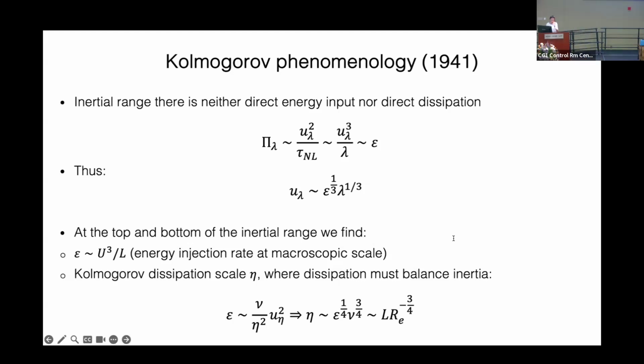If the state of turbulence is statistically steady, then the rate of energy transfer from one scale to the next must be scale independent. So this pi lambda, the rate of energy transfer that we defined in the previous slide, which I'm just rewriting here, must be constant, scale independent. And we call this epsilon.